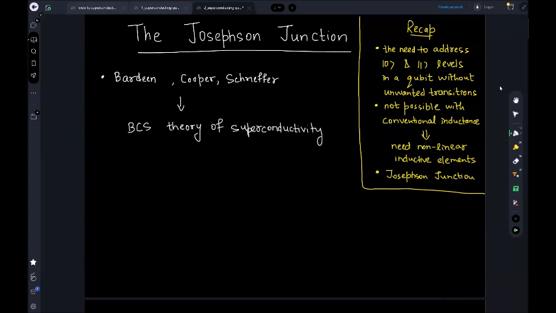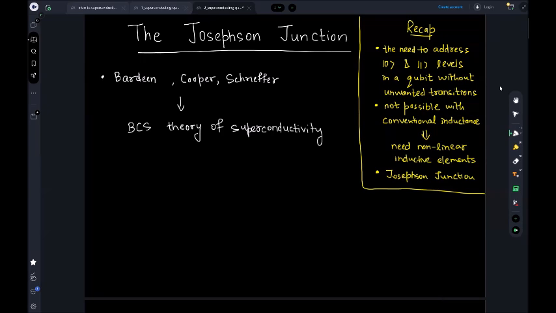Just to summarize, the key thing about superconductivity is that at low temperatures, metals and in fact several materials which show some resistance to electric current above a certain threshold temperature, show zero resistance to the flow of current below it.